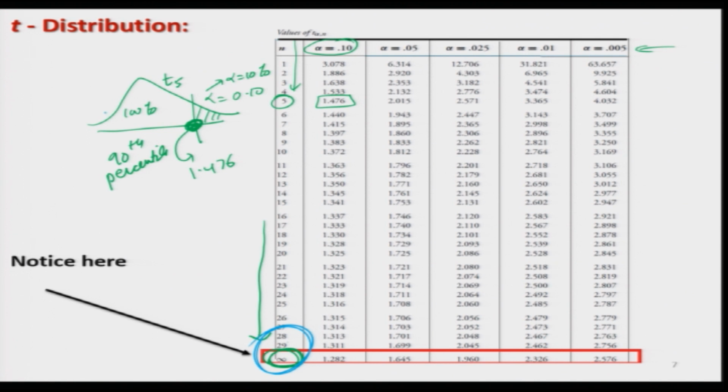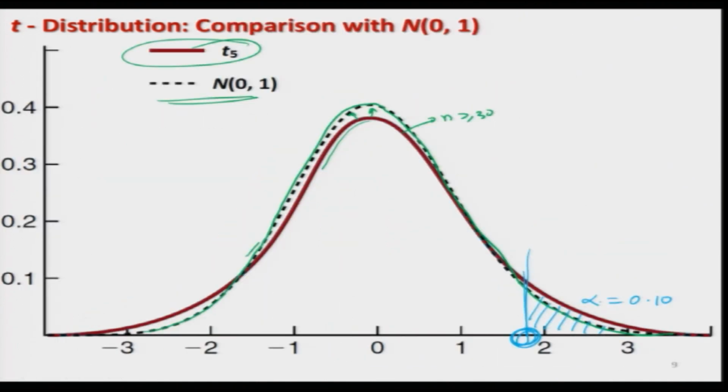And now you can see here whether this curve is a t distribution or a normal distribution, say N(0,1). If your n is greater than or equal to 30, how does it make any difference whether you compute this point from the tables of normal distribution or from the tables of t probability, or equivalently use the R command for the normal distribution or for the t distribution?